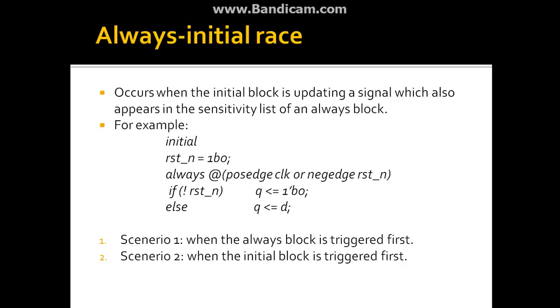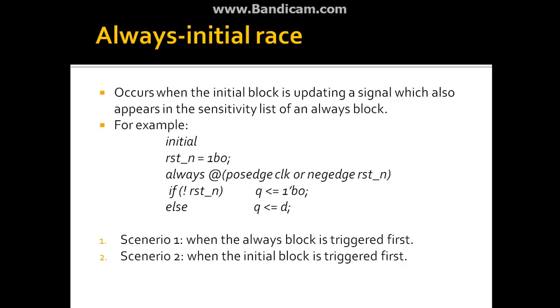So now it has to wait for the positive edge of the clock or the negative edge of RSTN. So it now waits for the triggering event to occur. After that, the initial block is triggered, which causes RSTN to be set to 0, thereby causing a negative edge on RSTN. Since the always block was waiting for the negative edge of RSTN, it starts executing, taking Q to D.